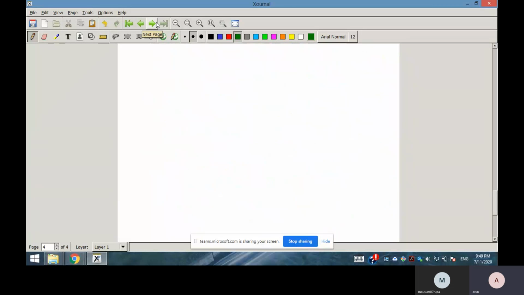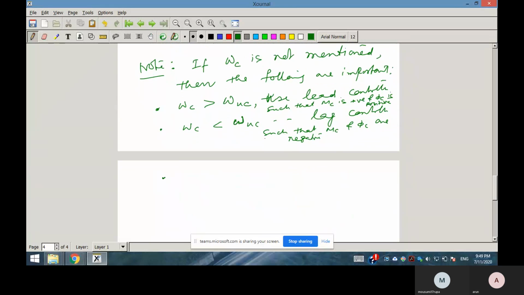Okay, and then use lag-lead to achieve an intermediate frequency, if MC is negative but phi C is positive.